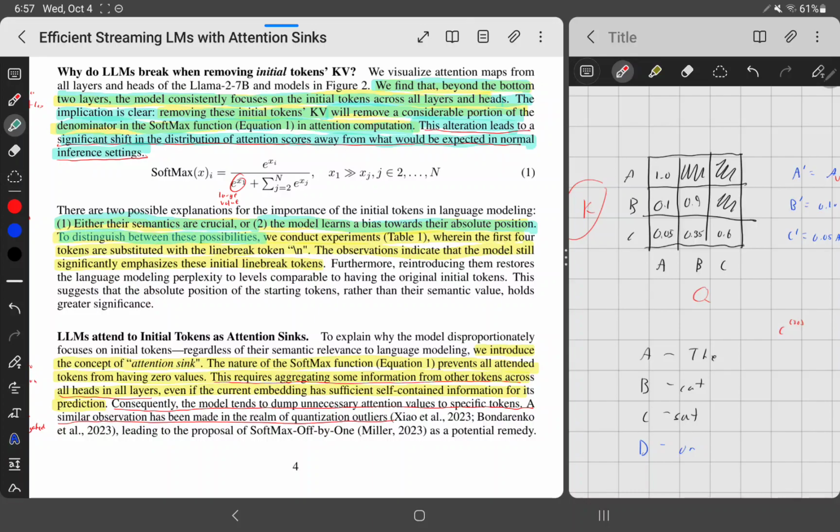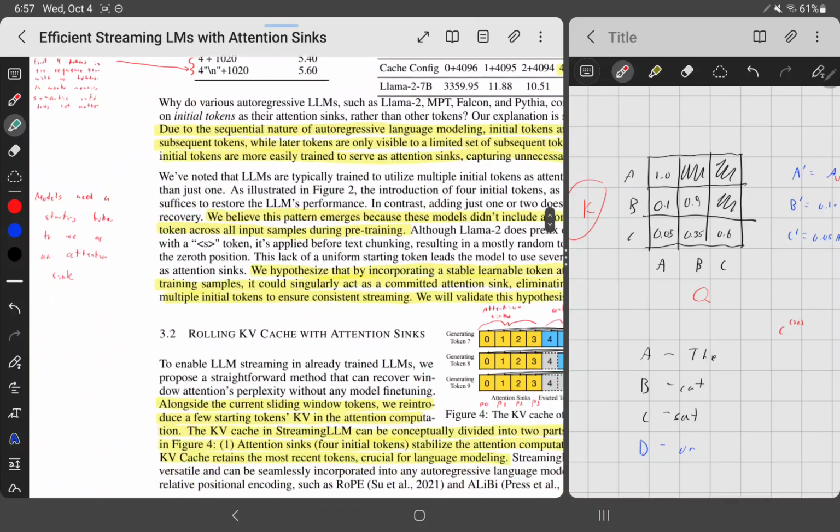To distinguish between these possibilities, they conduct an experiment. Table 1, where the first 4 tokens are substituted with line break tokens. The observations indicate the model still significantly emphasizes these initial line break tokens. So the idea is if there is a bias, then replacing the initial tokens with a random token, in this case a new line, will not mess up performance that much.